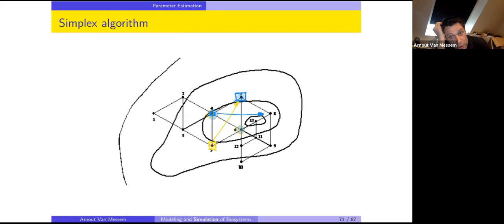But since I just copied this picture, I don't have the details of it. But normally you would indeed expect that 4 and 6 remain, but 7 goes away. But for the simplex, I will never ask you to explain the simplex. If you can apply it with R or so, that's fine.